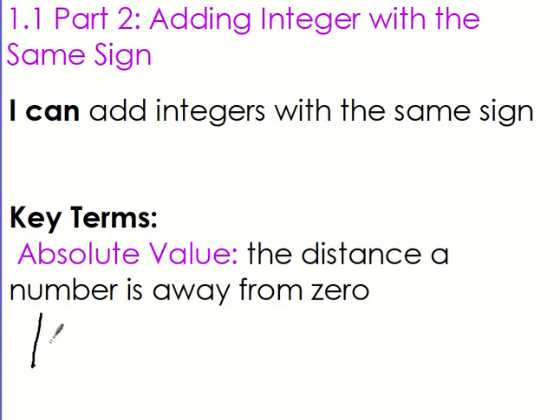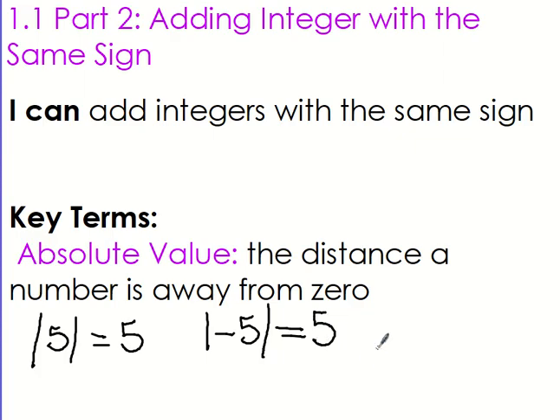So the absolute value of 5, since 5 is 5 spaces away from 0, is 5. However, the absolute value of -5 is also 5, because it is also 5 spaces away from 0. So no matter what, if you're talking about absolute value, it will always be positive.